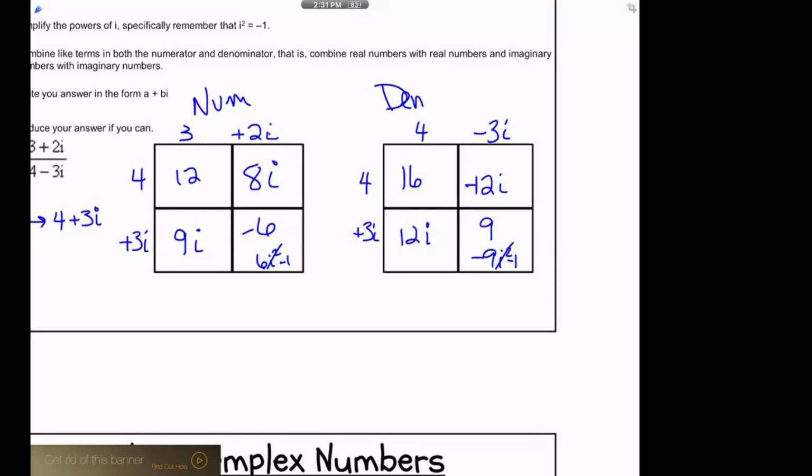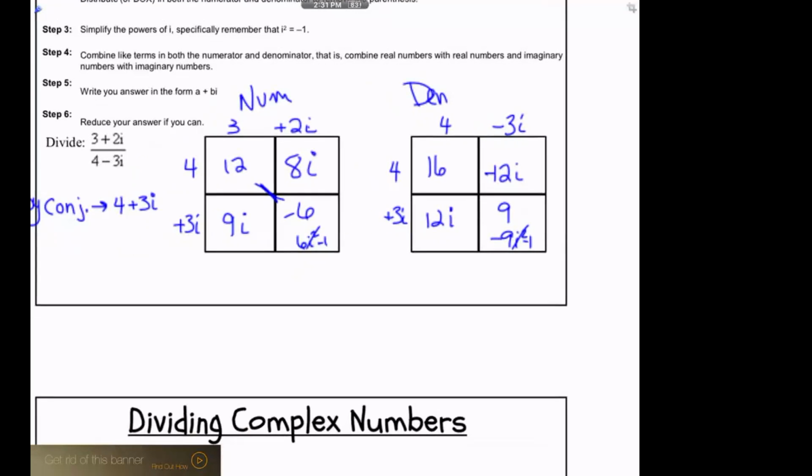So now that we have all of this work done, we need to work on writing our final answer. So we're going to look at the numerator. In the numerator, I'm going to figure out my real numbers. So that's the -6 and the +12. So -6 and +12 combined to give me 6. 8i plus 9i gives me +17i.